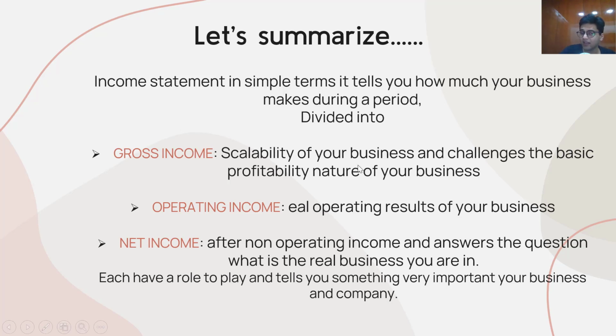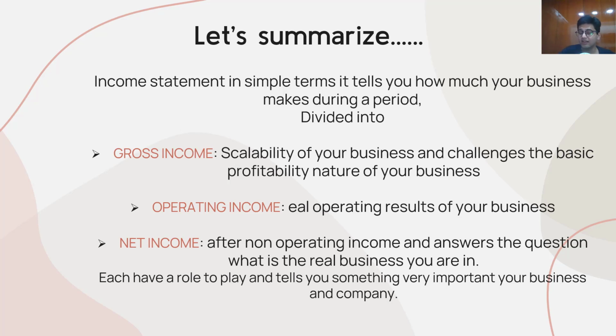So it's very important to understand the gross income of your business, to understand what kind of scalability your business possesses. Usually, a service company has very high gross income. A manufacturing company has a lower gross income than a service company, and a company which is just trading in goods has the lowest gross income of all. So gross income tells you what kind of business you are actually doing and how scalable your business is.